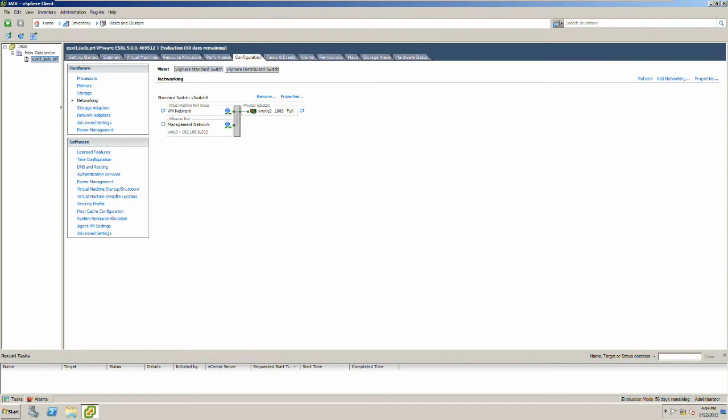So let's assume, instead of using a single gigabit connection, what I want to do is ease the process of dealing with the networks that I have. I don't want to deal with 6 different network cards in each ESXi host. Instead of having single gigabit connections, I have 10 gigabit connections or 4 gigabit connections.